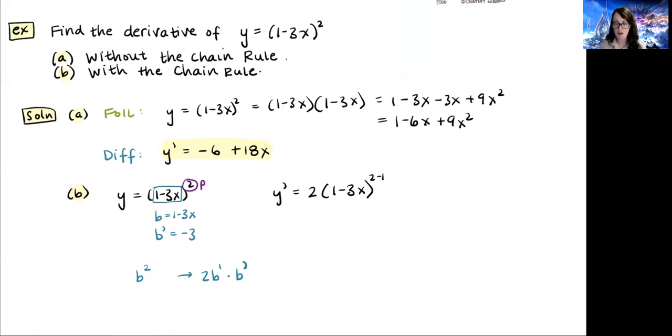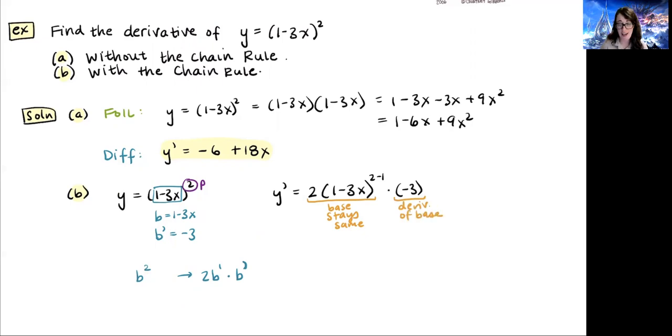Then we multiply by the derivative of the inside, b prime, which we saw is negative 3. Just to be really clear, this is 2b to the 2 minus 1. The base stays the same, always. Then we multiply by just the derivative of the base.